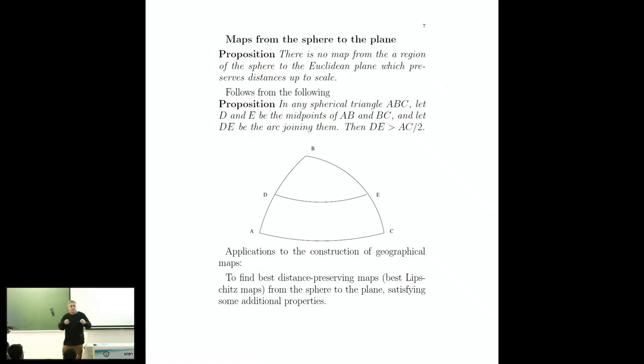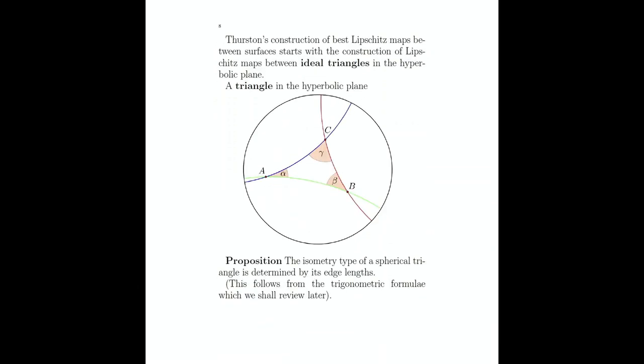We forget about complicated maps of countries, just triangles. What is the best Lipschitz map between a spherical triangle and a Euclidean triangle? Can I find a method? And does this method depend on the angles of the spherical triangles, if it has very large angles or very small angles, and so on? So this is part of the questions that are interesting in this theory.